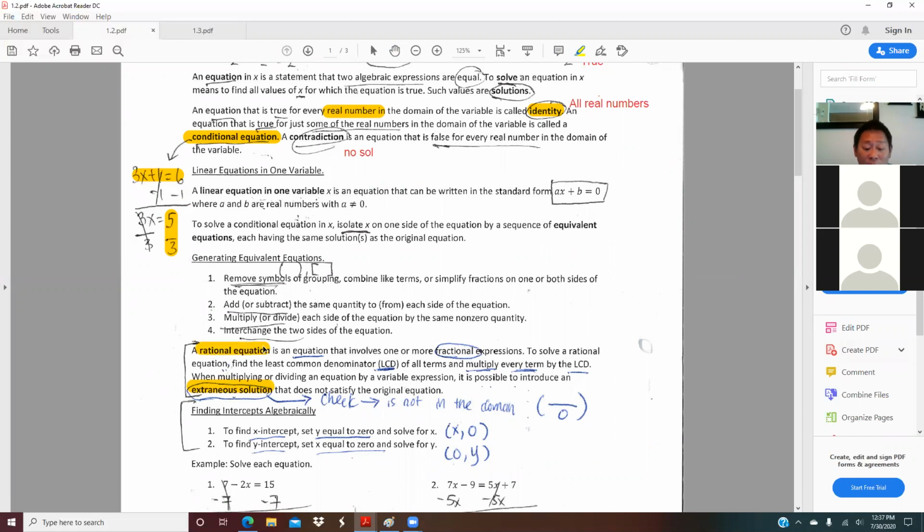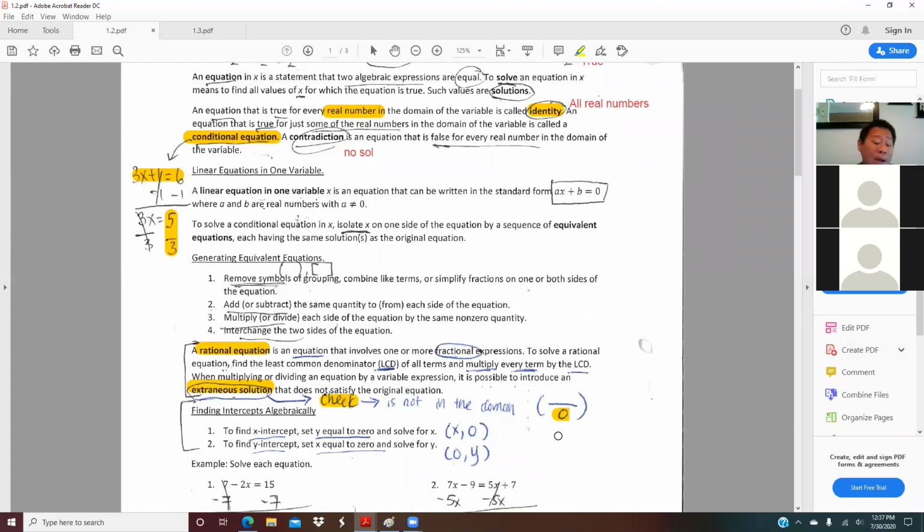You begin to solve, and once you finish solving your answer, x equals to 5, you just move on, right? You don't check it. But this you have to check, and you are checking for extraneous solution. The reason why you have to check for this is because remember that when you have a fraction, your denominator cannot be 0.